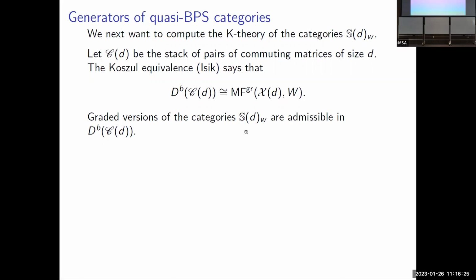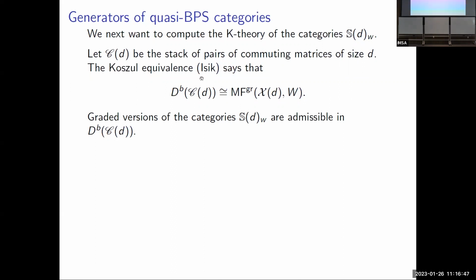And then by previous work on Hall algebras, these categories SDW, these quasi-BPS categories, are admissible inside this stack. So this is this phenomenon that I mentioned at the beginning. So these BPS invariants are the most fundamental pieces from which you build DT categories. So you have semi-orthogonal decompositions of those, but also the most fundamental pieces from which you build the relevant Hall algebras.